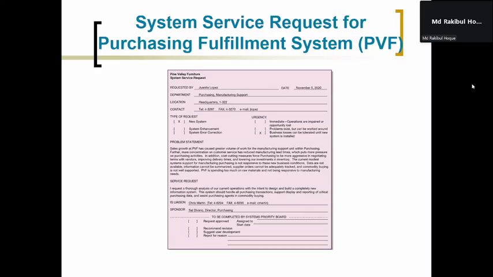In a maintenance request, you need to mention the location. You also identify the type of request. It will be a new system or system enhancement, because after the maintenance, we can develop a new system as well. That means you just demolish the old system and introduce the new system after the maintenance. It may happen. Or sometimes there are some corrective activities in a maintenance.